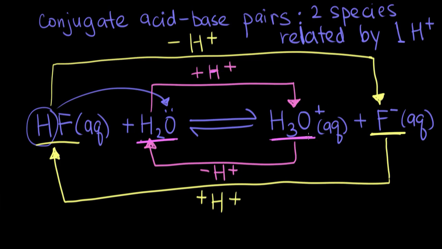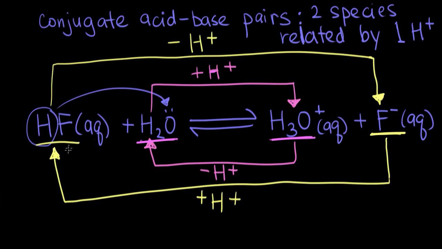You can probably tell from the name, but whenever you have a conjugate acid-base pair, one thing in the pair will be an acid, and the other thing will always be a base. The definition of which one is the acid and which one is the base comes from the Brønsted-Lowry definition of acids and bases. The Brønsted-Lowry definition says anything that can donate an H plus, so anything that will give away an H plus, is an acid.